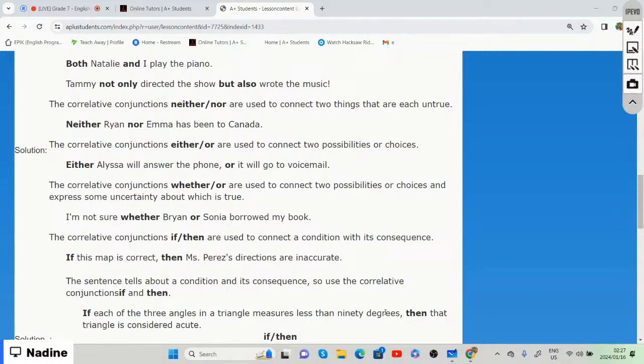Whether or is used to connect two possibilities or choices, as well as to express some uncertainty about which is true. And if then is used to connect a condition with its consequence.